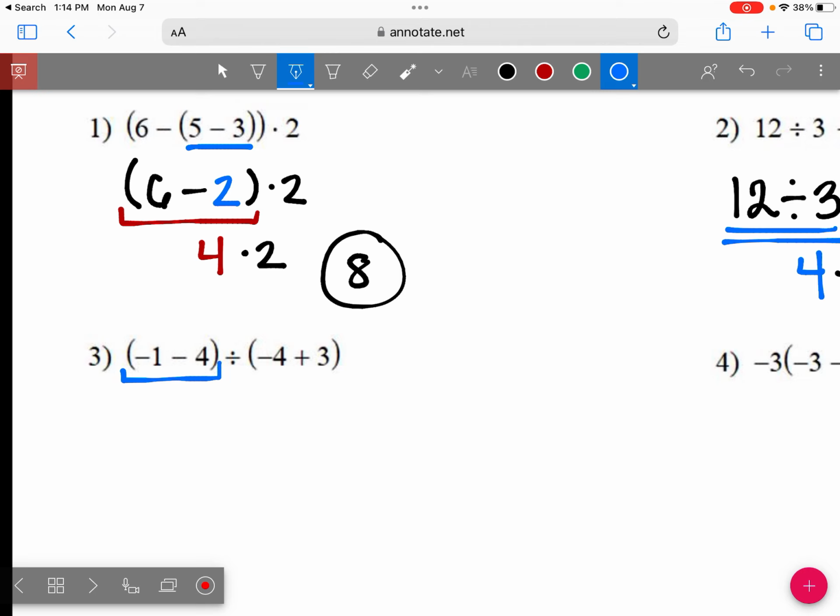What's negative 1 minus 4? Negative 5. So, because you have a negative 1 and a negative 4. And then we're going to divide that by negative 4 plus 3, which is negative 1. Now divide negative 5 by negative 1. And your final answer is 5. Good job. All right, last one, number 4.